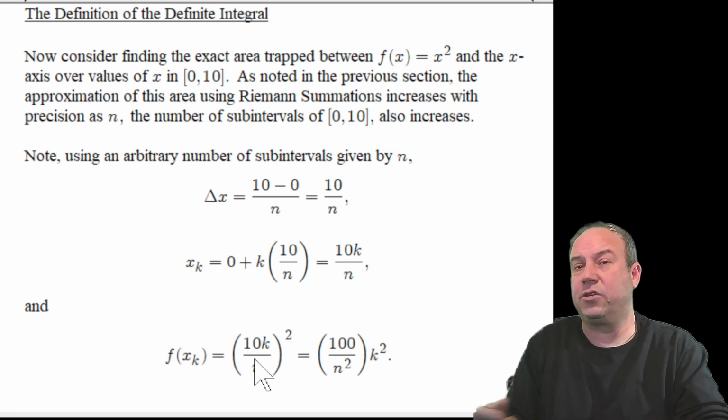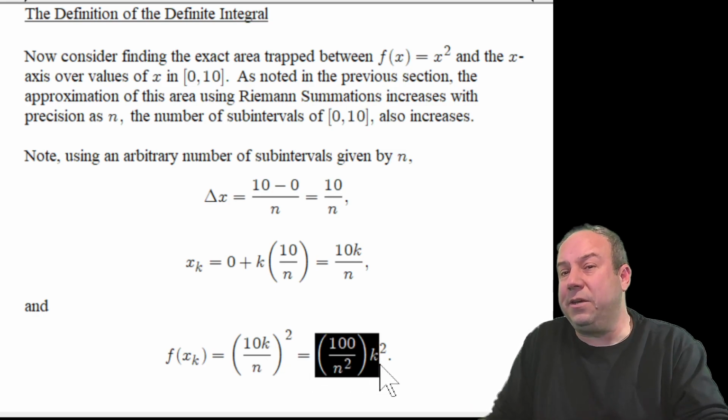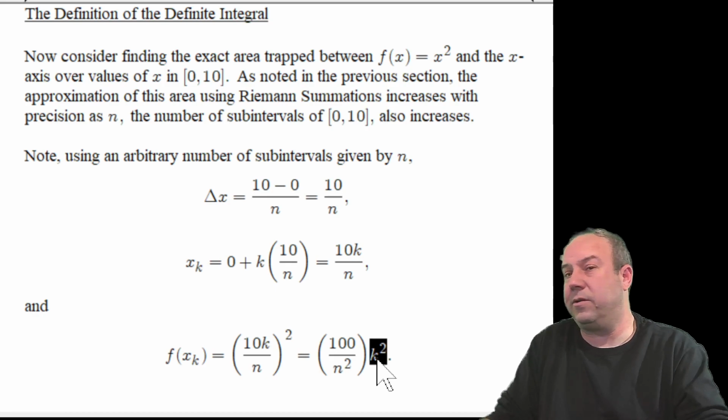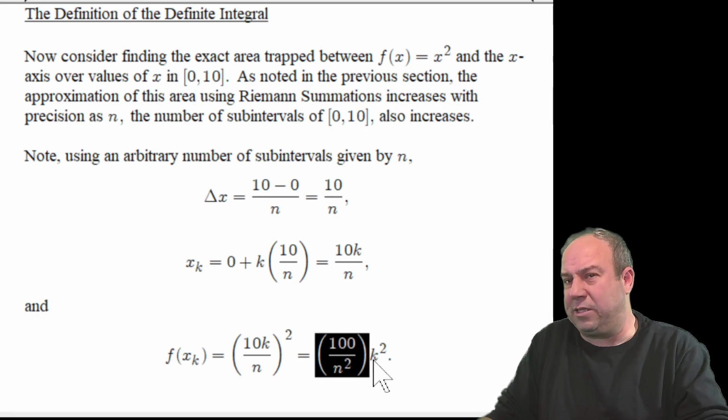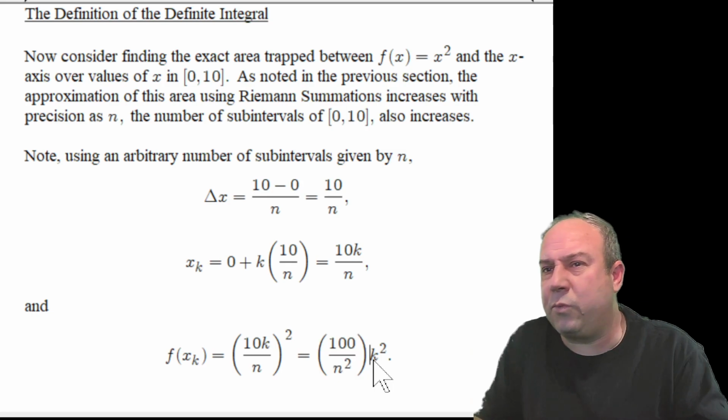Right, into our function for f of x is going to yield the quantity 100 over n squared times the quantity k squared. And I do group them this way specifically because if you remember, when we apply the summation to this, the summation is in terms of the index of k.